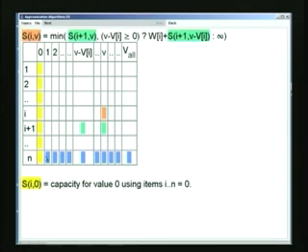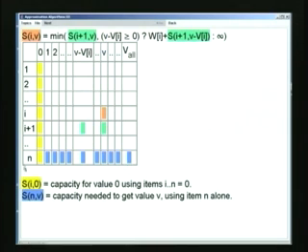So let's try to interpret what this row is. This row in general is going to be Sn,v, which is denoting the least capacity needed to get value v using item n alone. So you are just allowed to pick item n, nothing else.